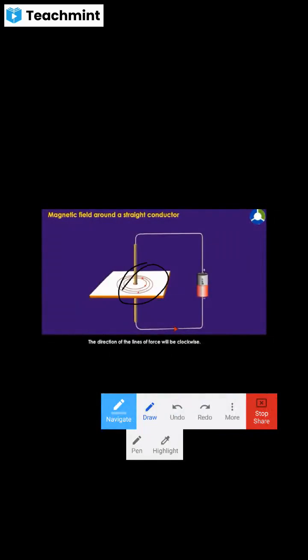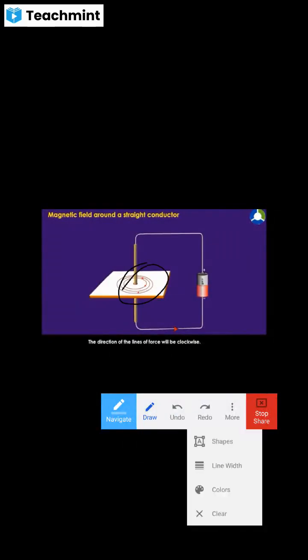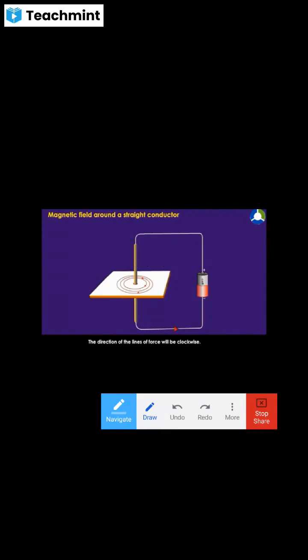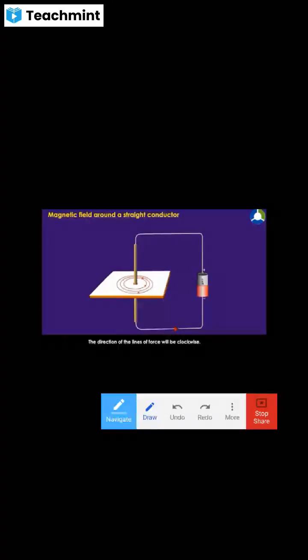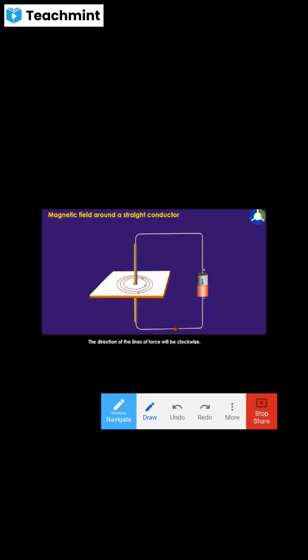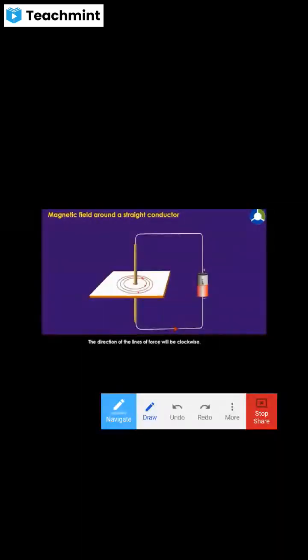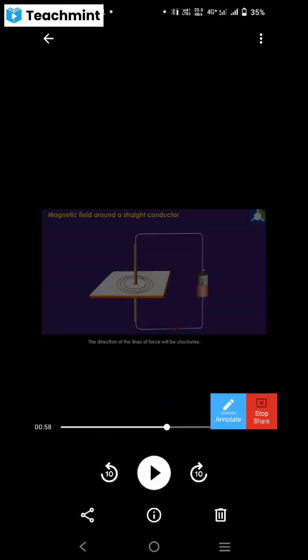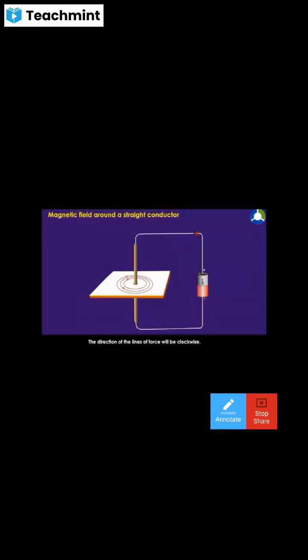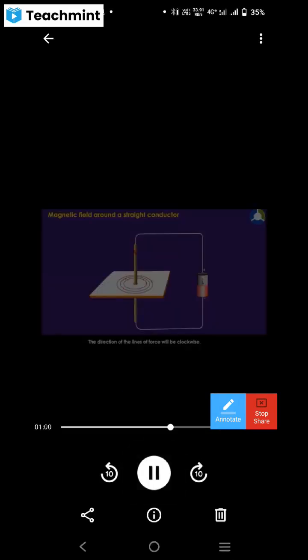Can you see these arrow marks here? Tell me, are they clockwise or anti-clockwise? Clockwise means the way the second hand or hour hand of a clock turns; anti-clockwise is the opposite. They are clockwise.